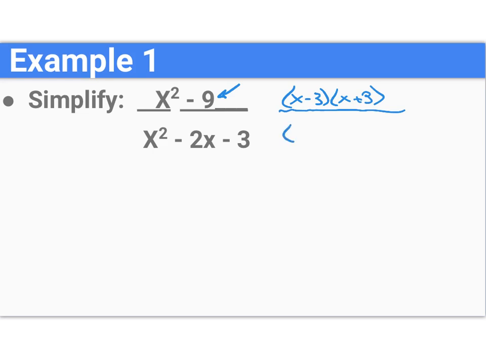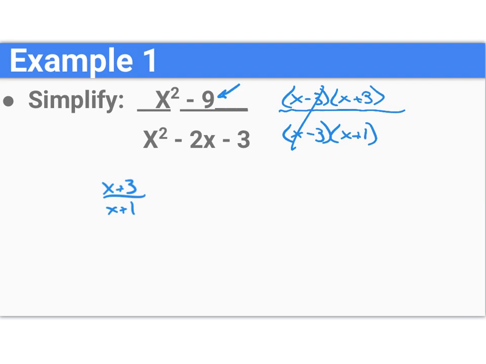So I know one of them is going to be x minus 3, and the next one is going to be x plus 1, because negative 3 and positive 1 makes negative 2. As we can see, the x minus 3's cancel out, and we're left with x plus 3 over x plus 1. So now this is simplified.